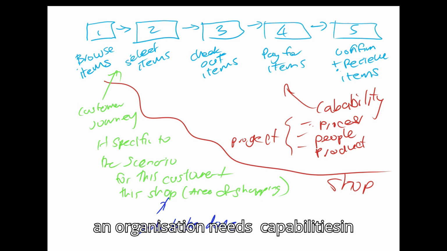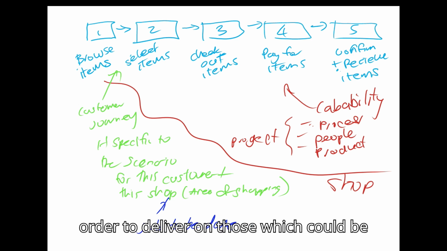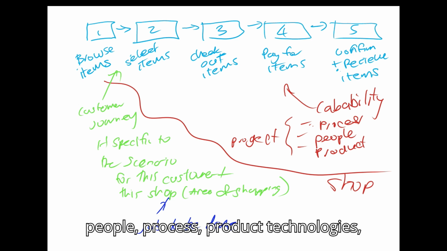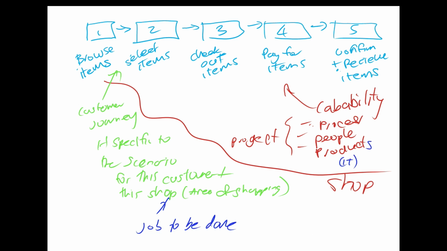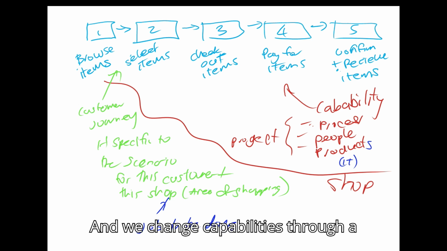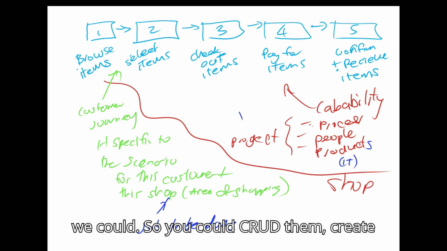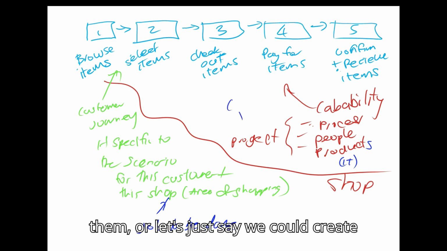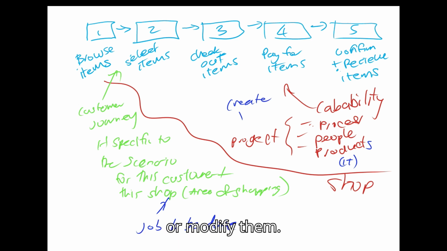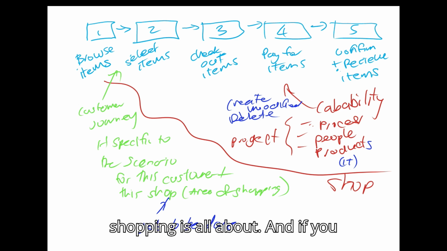An organization needs capabilities in order to deliver on those, which could be people, process, product, technologies, which could be IT. And we change capabilities through a project. So we could create or modify them through a project, or we could even decommission or delete. And this is effectively what shopping's all about.